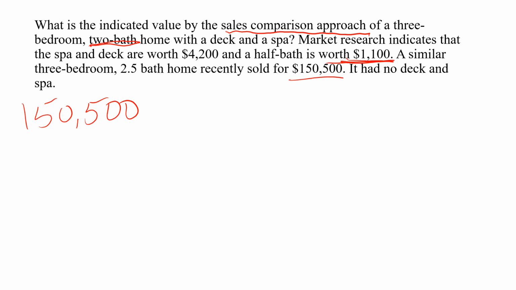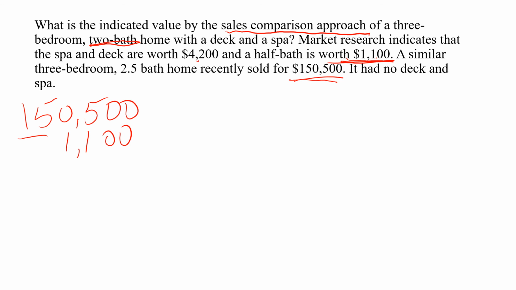Okay. So what we want to do is subtract that half bath, because our home that we're trying to comp does not have a half bath. And market research indicates that the spa and deck are worth 4,200.